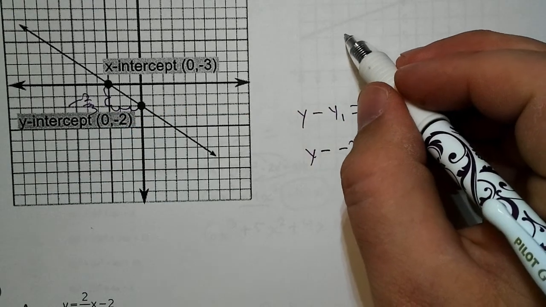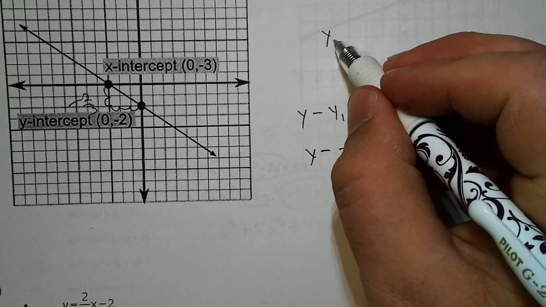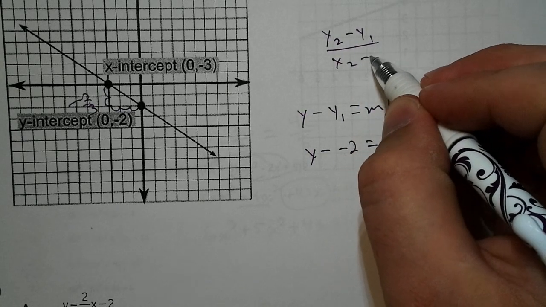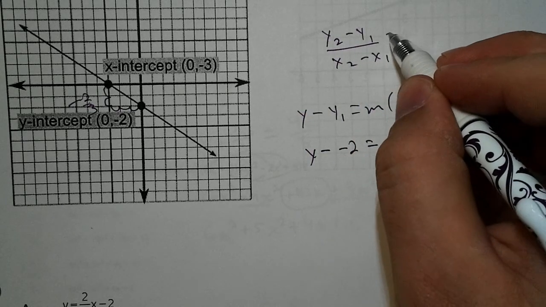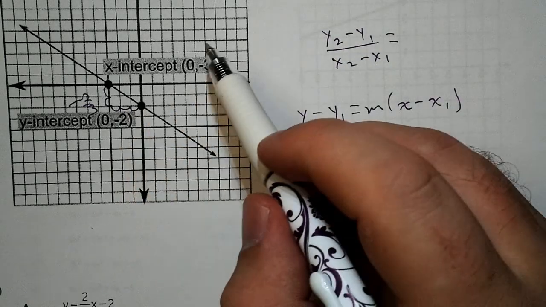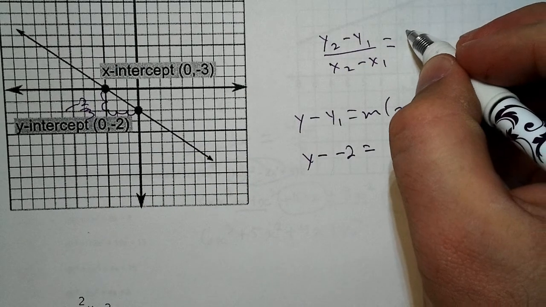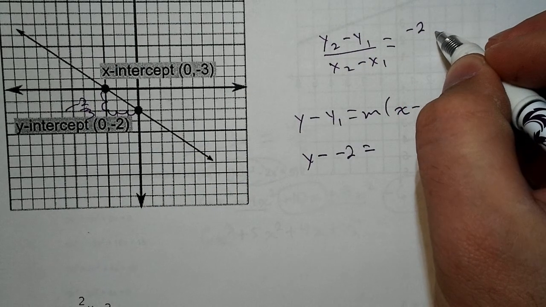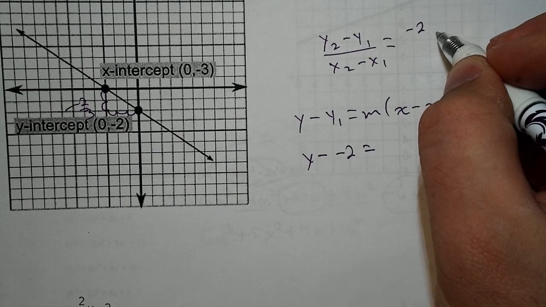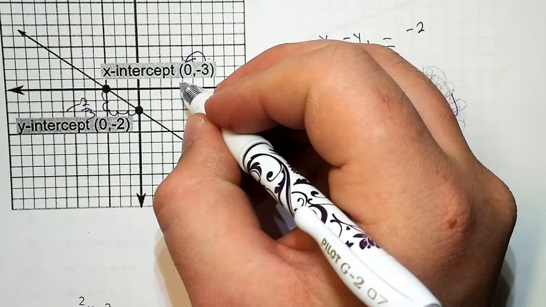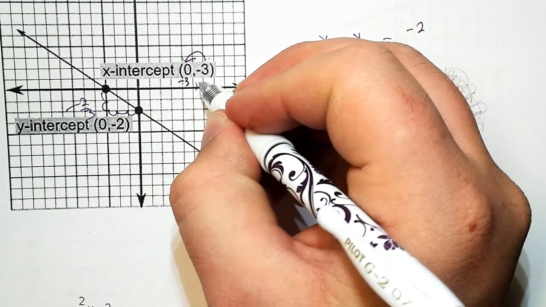That is one way. Or you could use your slope formula, y2 minus y1 over x2 minus x1, which would be, let's see, let's make this our y2. So -2. Wow, we wrote that point backwards. Should be -3, 0.